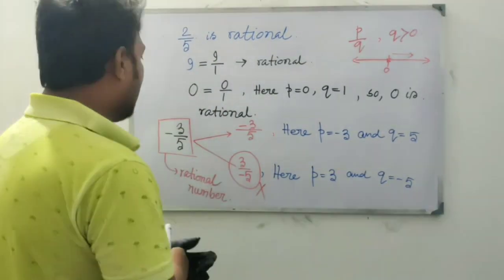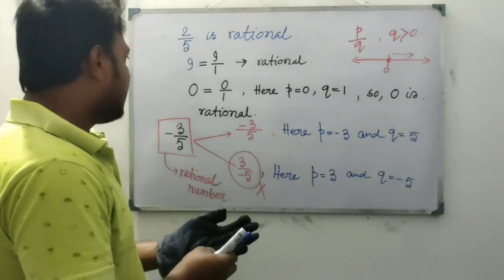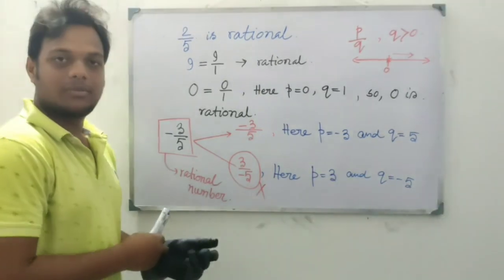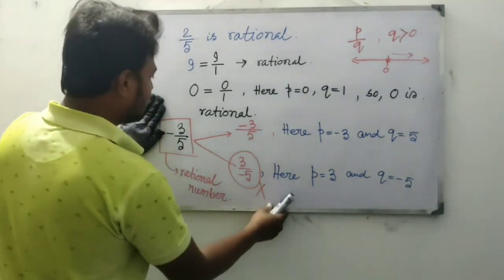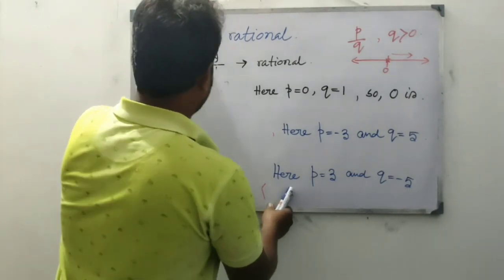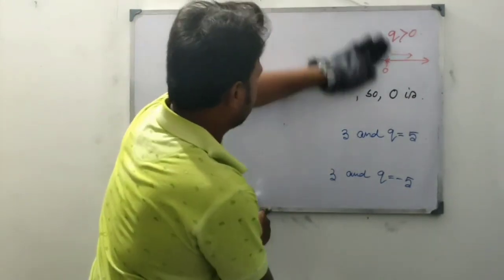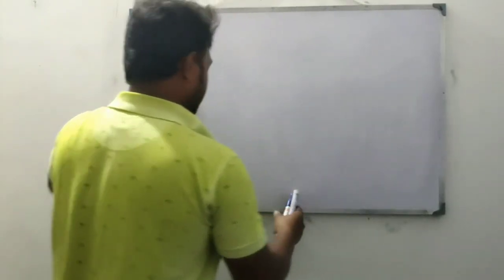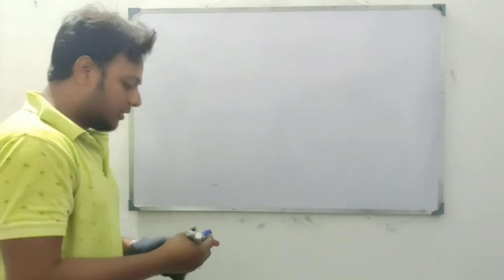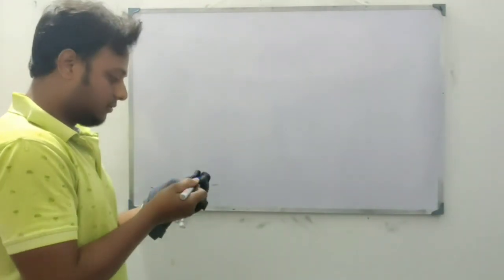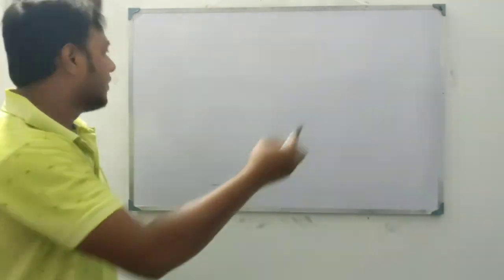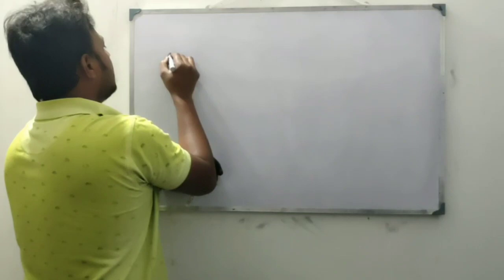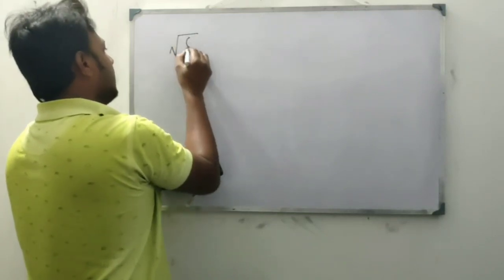Now I would like to consider some more examples on rational numbers. Okay, let's go. Suppose I am asking you, what about root over 9?